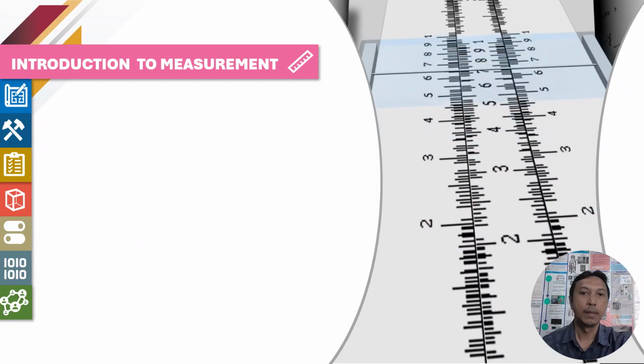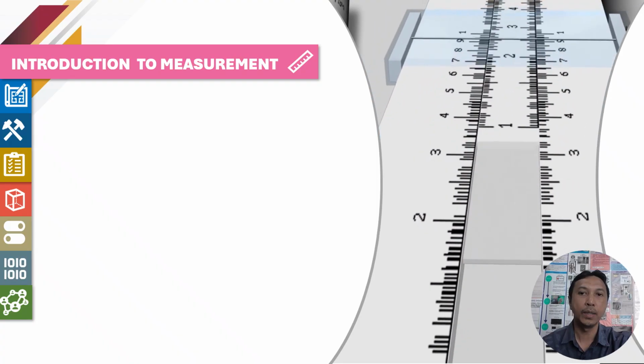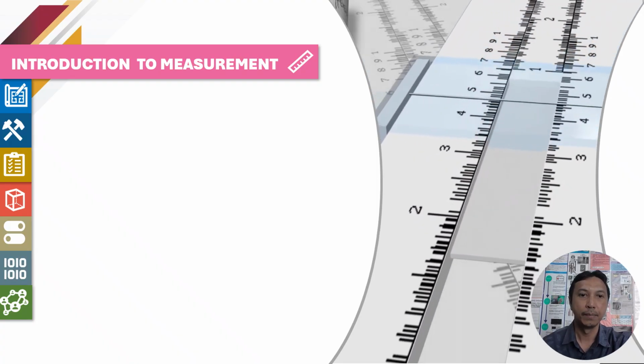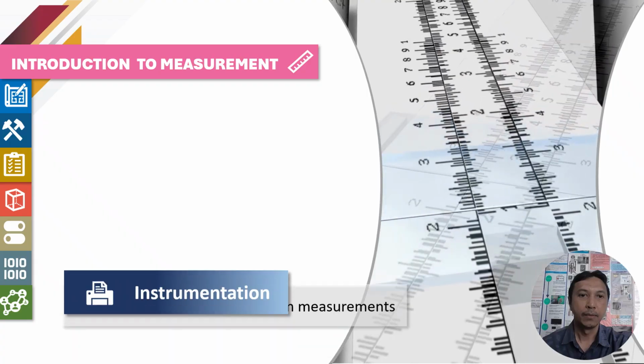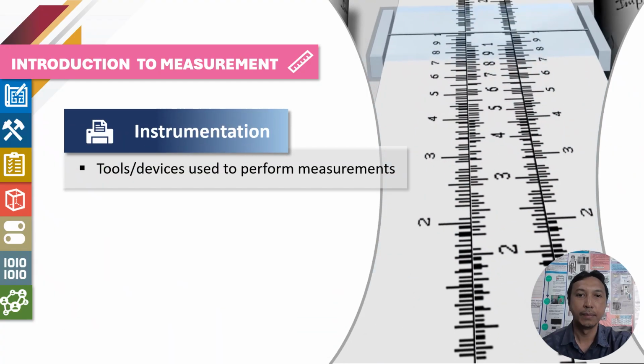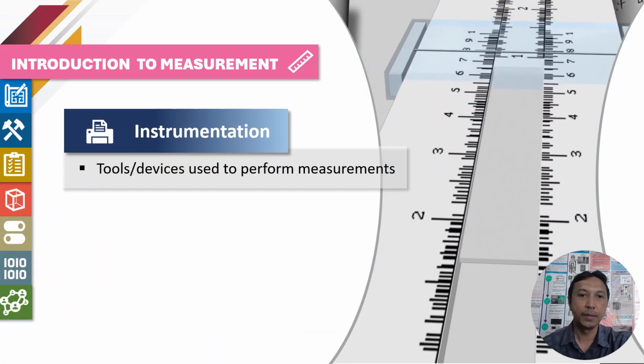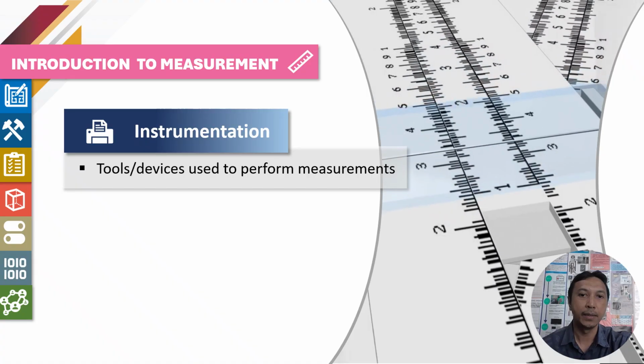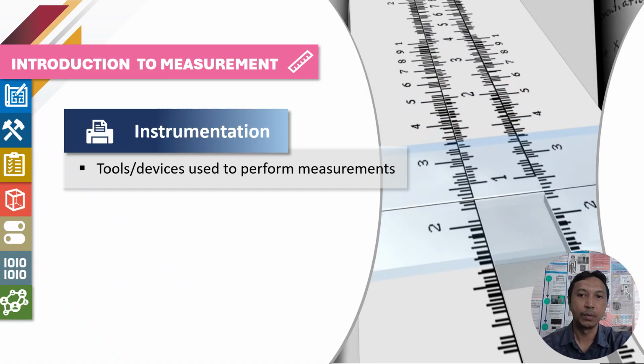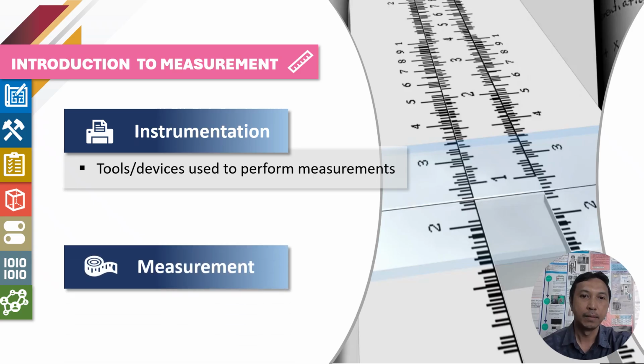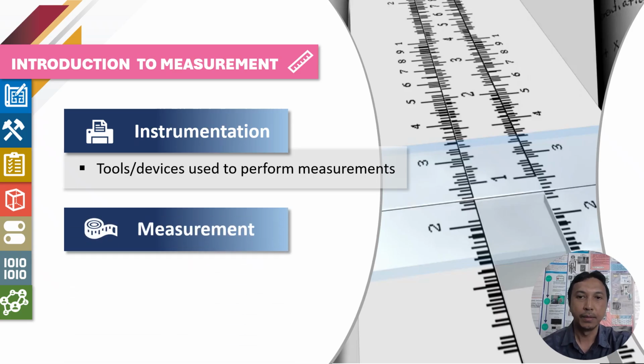Now, let's look at the two key concepts here. First, instrumentation. This refers to the tools or devices we use to perform measurement, such as sensors, gauges, or even simpler tools like rulers. Second, measurement.